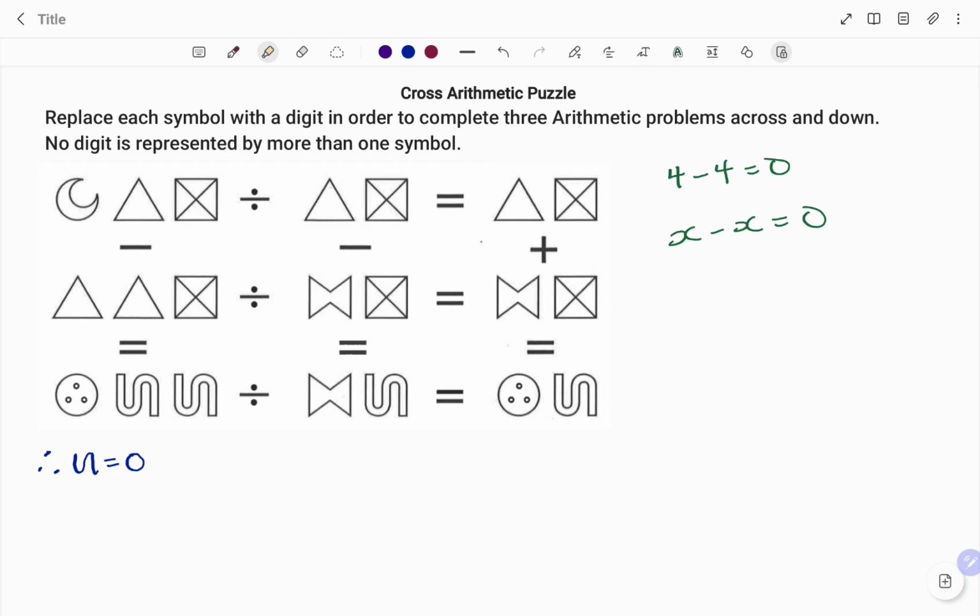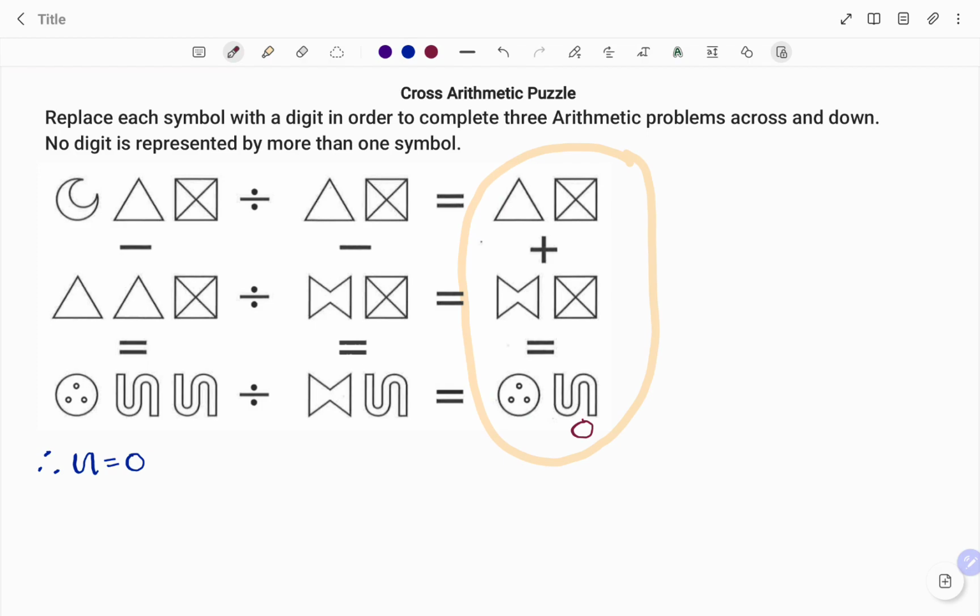Now, if you look at the last sum as shown, because I've deduced that my S shape is 0, if I write 0 here, and I still have my button on my left hand side, in this equation I'm adding.